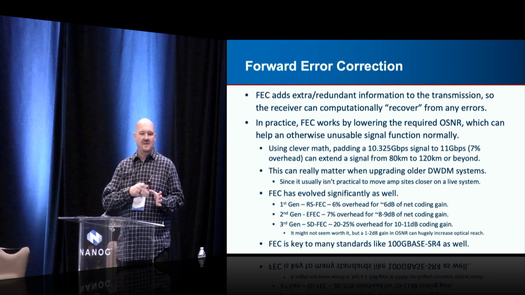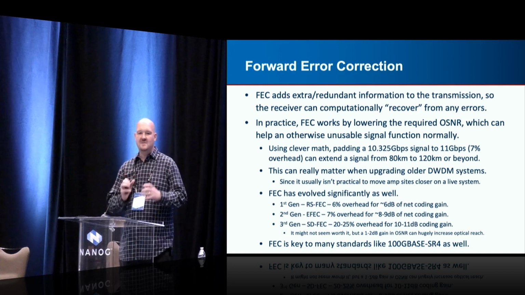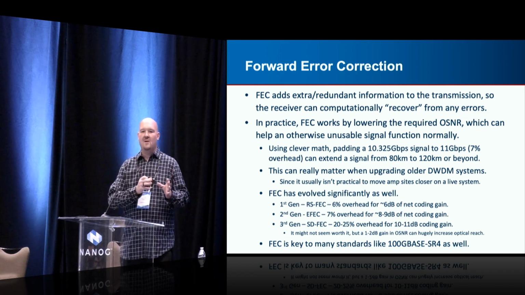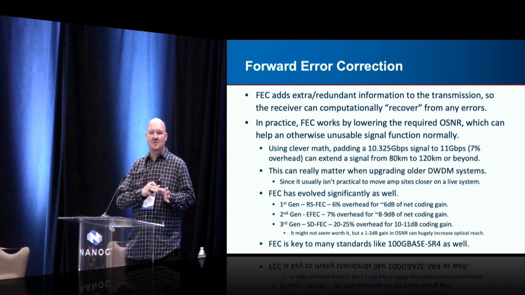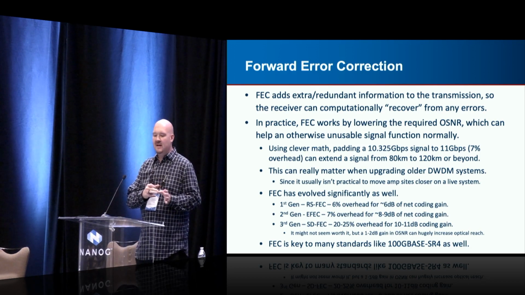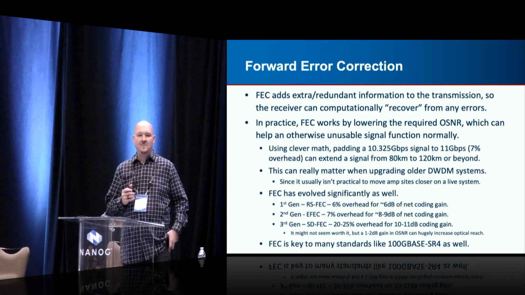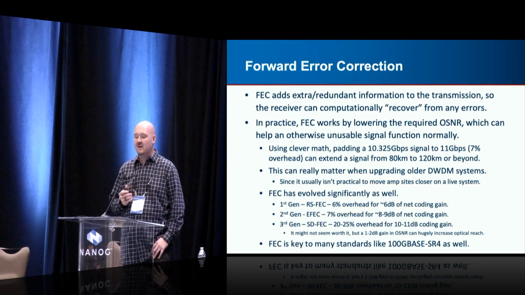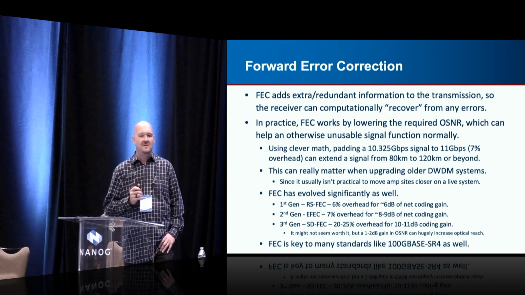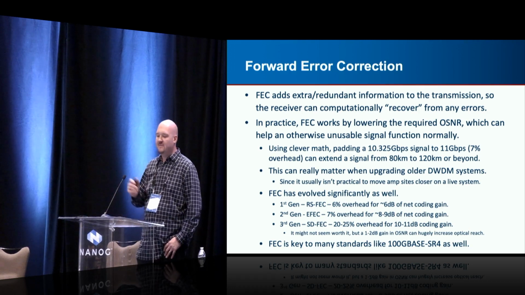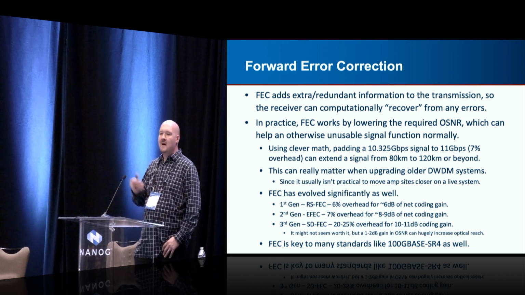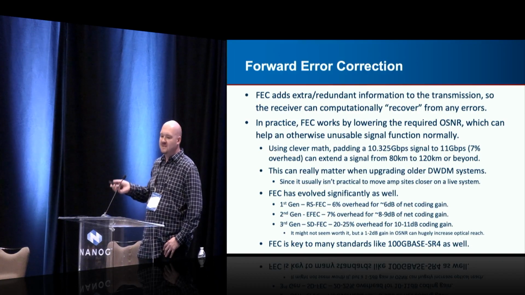I'll talk more about that later, but it informs the DSP what part of the constellation you were trying to decode. So it uses a lot more overhead, but it gets you 1 to 2 dB gain in OSNR, which can be hundreds of kilometers, right? It can be a massive increase in performance. So the modern version is all built around soft decision FEC.